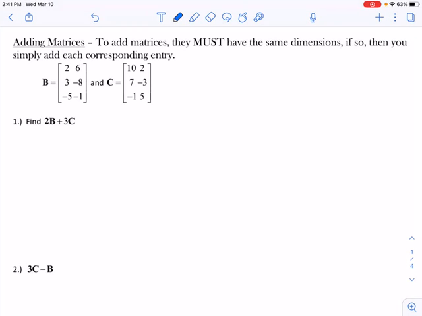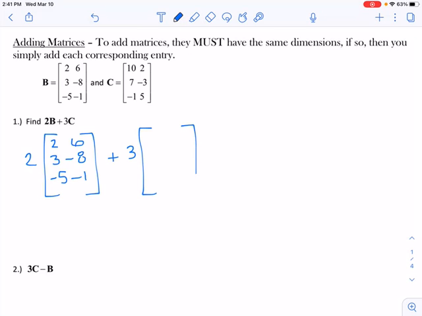So I'm going to put a 2 out in front of my matrix B. So I have 2 times my matrix B plus 3 times my matrix C. To multiply my first matrix by 2 means that I want to take this 2 on the outside and multiply each of my corresponding entries on the inside by that number.